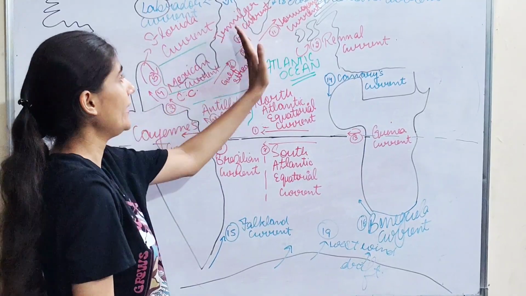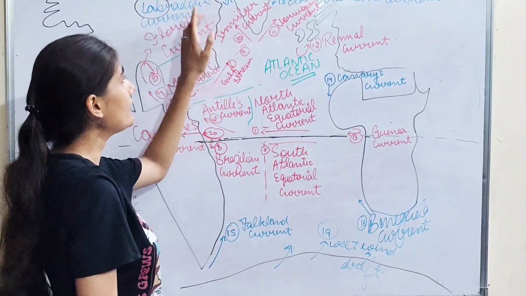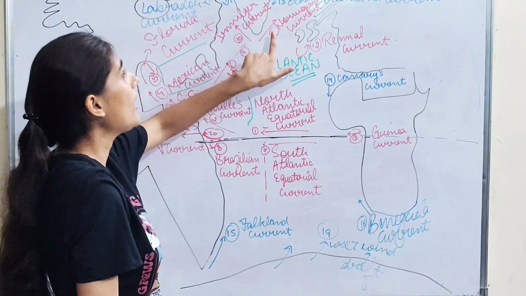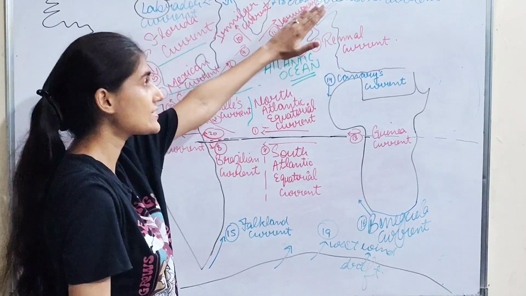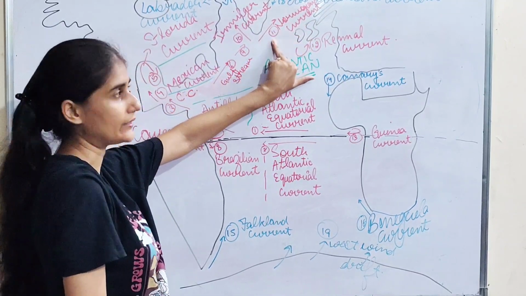When this drifts, one branch will go towards this side, known as the Irminger Current, and the 11th, one branch will go this side, is known as the Norwegian Current.